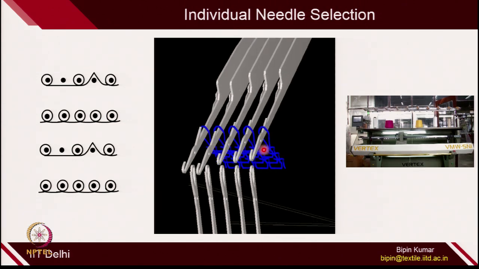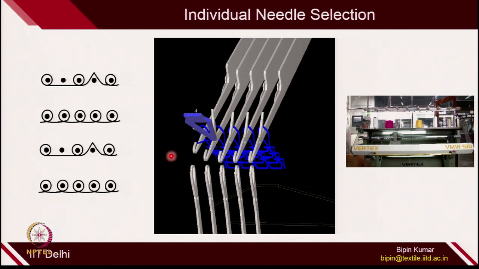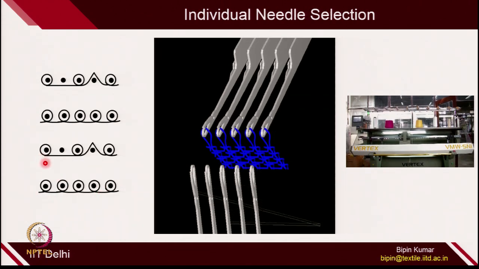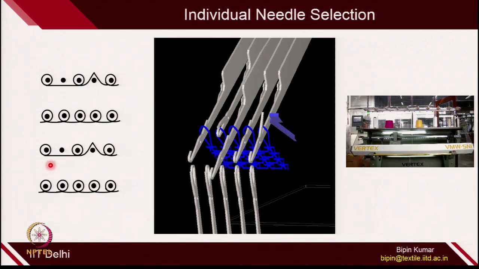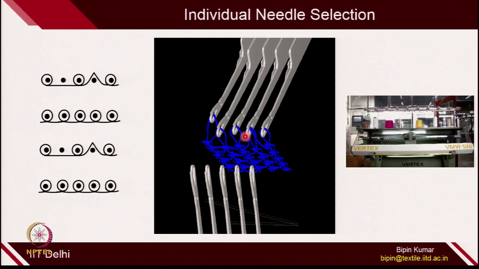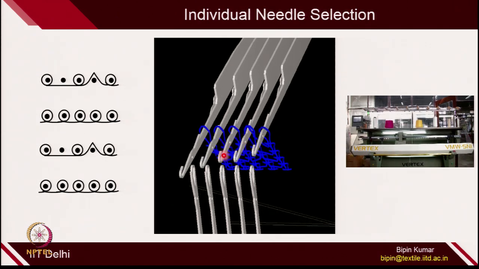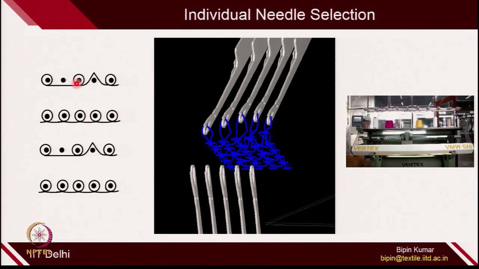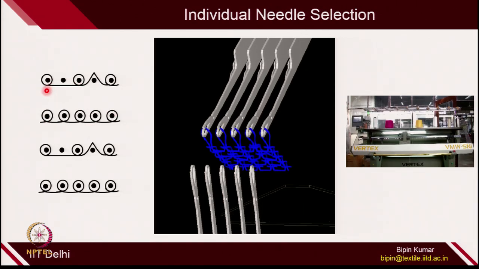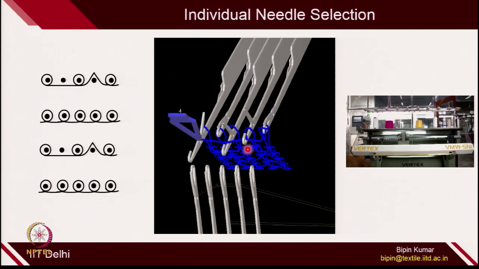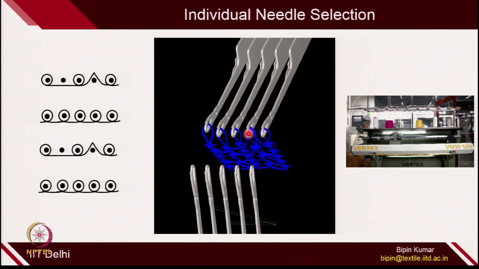So you can see here on this machine, the first course all loops have been formed. In the second course you can see the second one is not raised, so it is making a float, and this one is making a tuck. In the third course all are making loops. In the fourth course again the second needle is making a float and this needle is making a tuck.